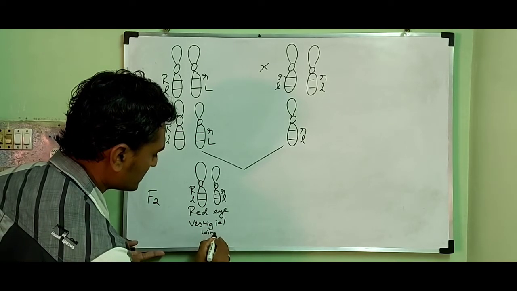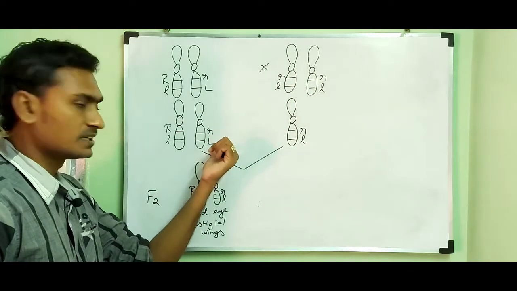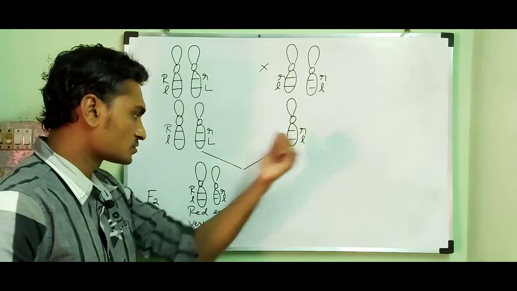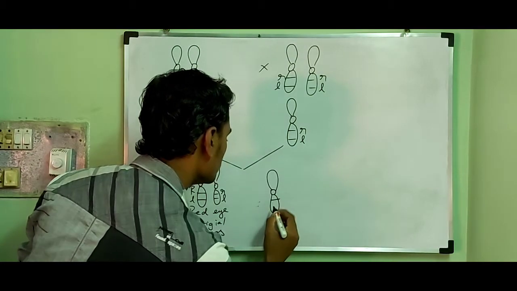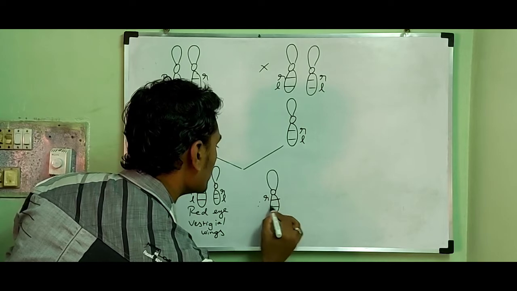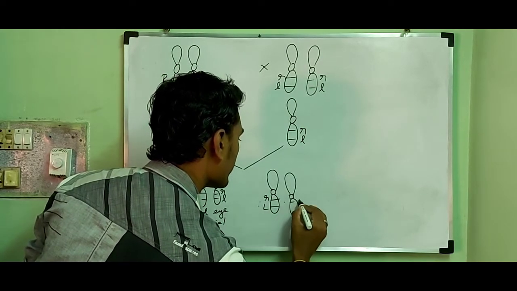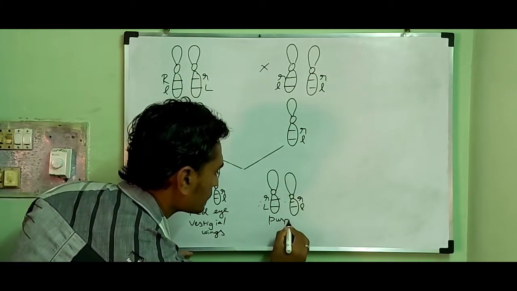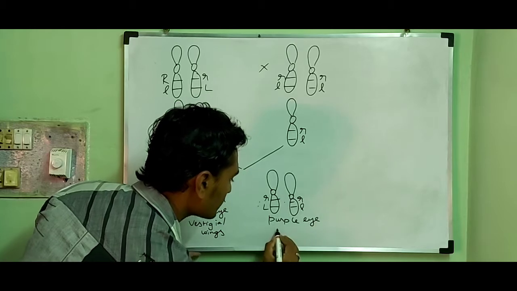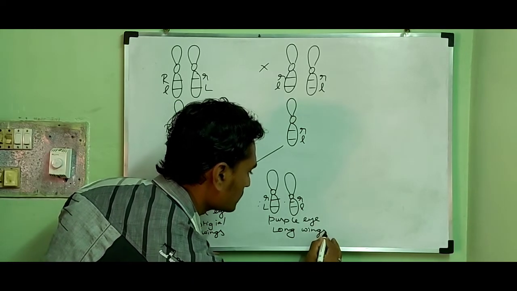Then small r, capital L crossed with small r, small l produces an individual with the phenotype purple eye with long wings.